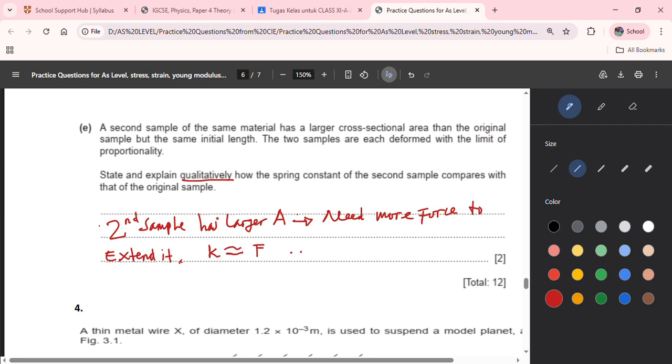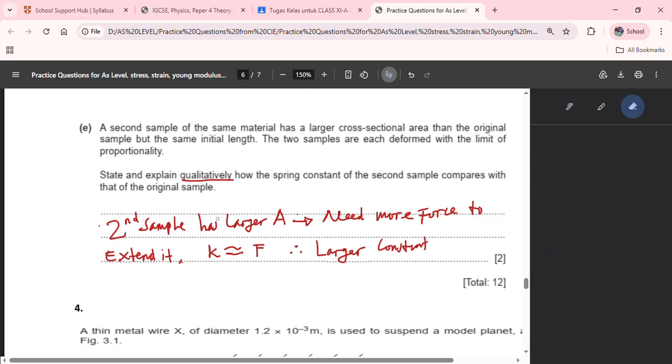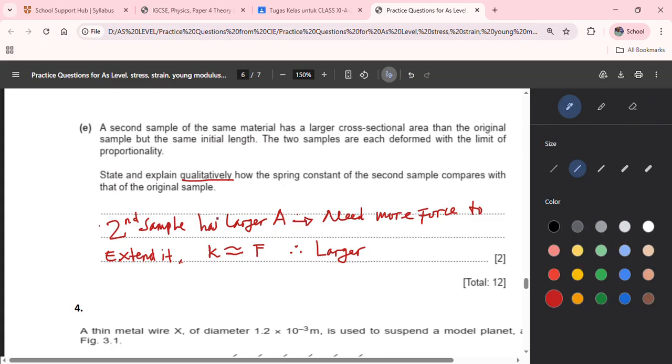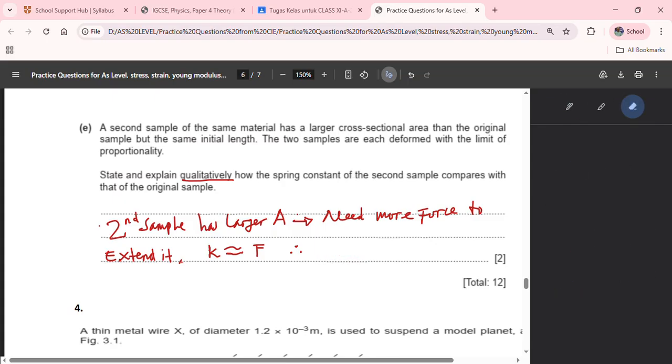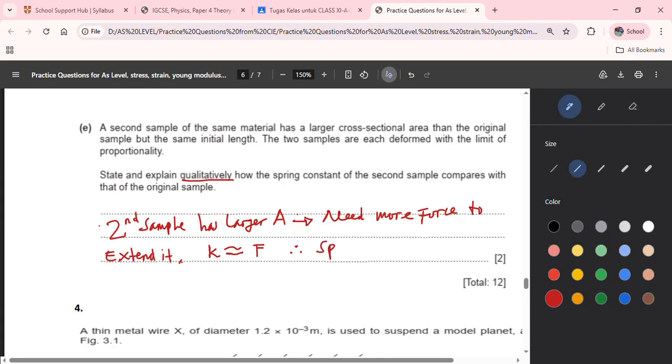The conclusion is that the spring constant becomes larger, because F is up, so K is also up because they are proportional.